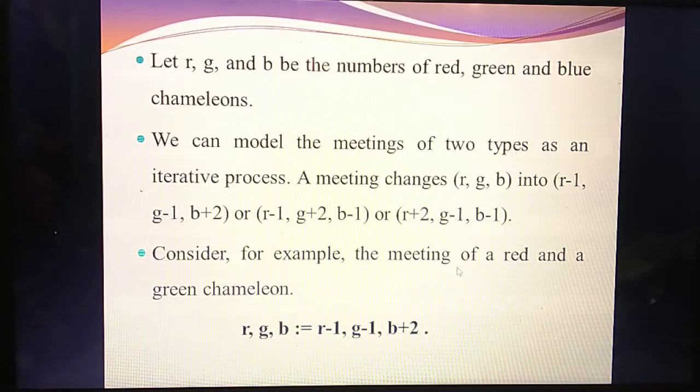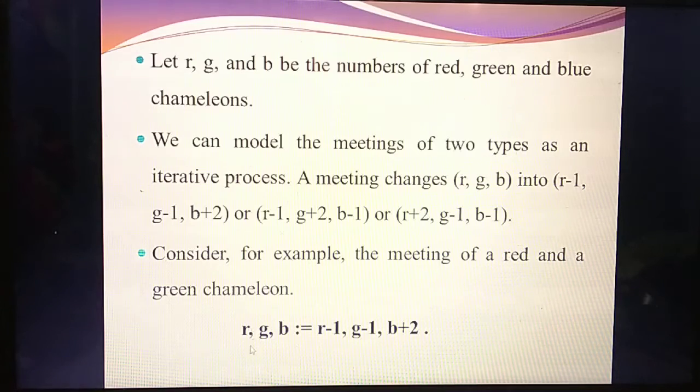So here in your example they are giving a meeting between red and green chameleons. Among these three possibilities, any one you can take and solve the problem. First, what are they giving? Arranging a meeting between whom and whom? Between red color and green color.